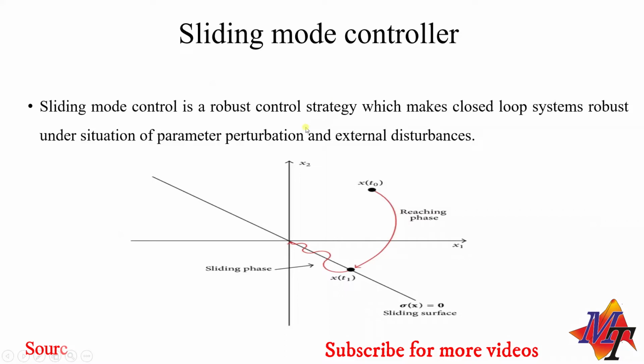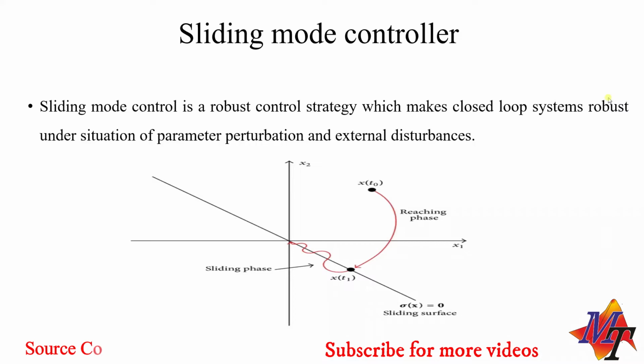A sliding mode controller is a robust control strategy which makes any closed loop system robust under parameter perturbation and external disturbances. What is the meaning of robust? Robust means that a controller is designed such that the plant is not affected by disturbances or parameter changes.